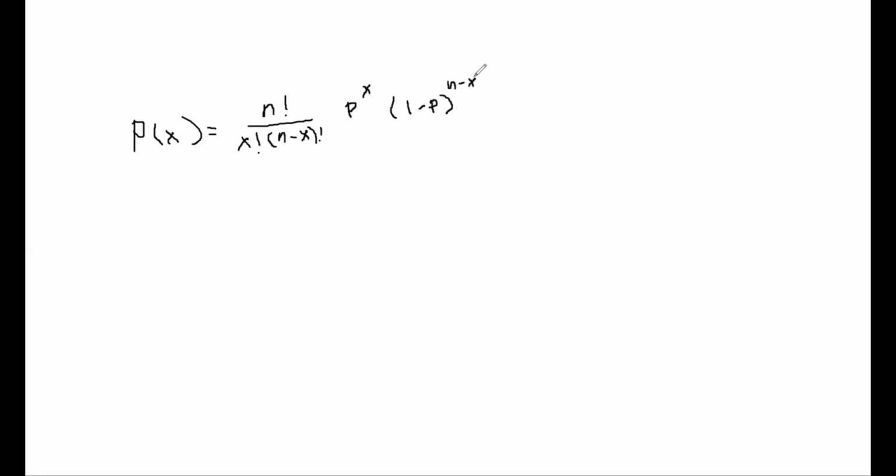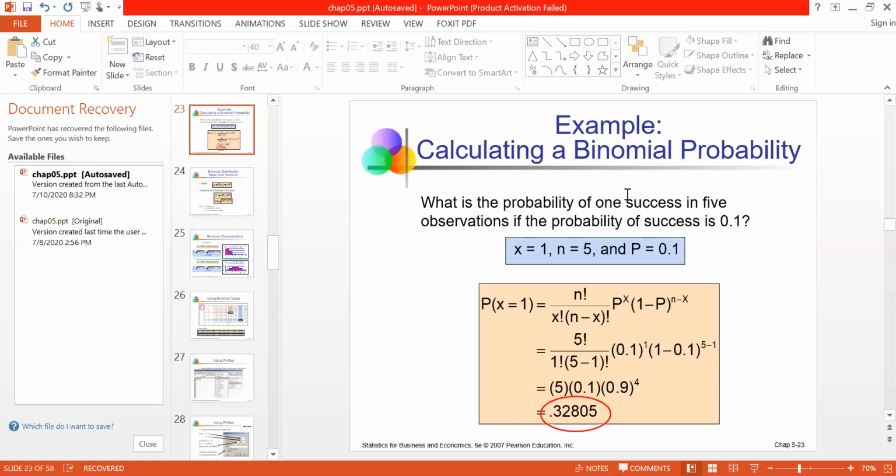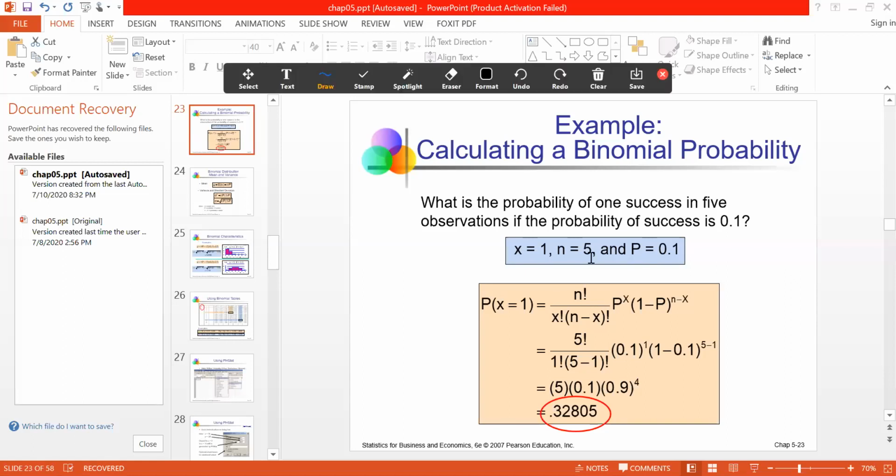Now I will just plug in the values here. Let me go back to the slide again to see the values. So x here is 1, n is 5, p is equal to 0.1. The values are given in the question.